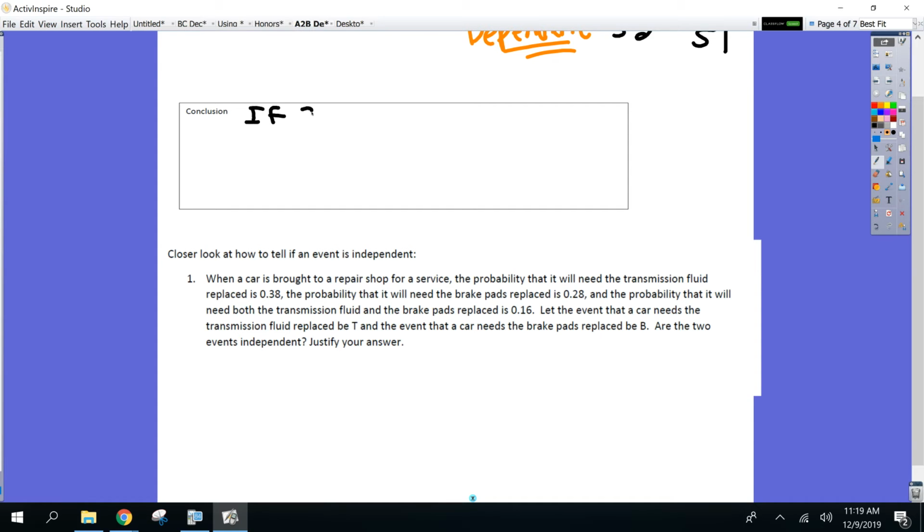If two events are independent, you're going to perform the following test.